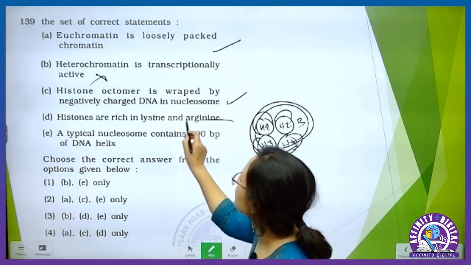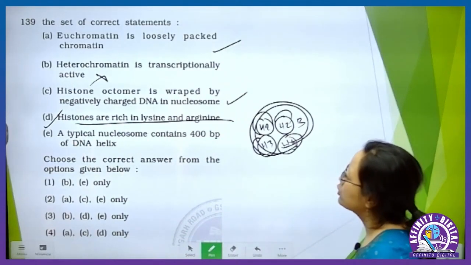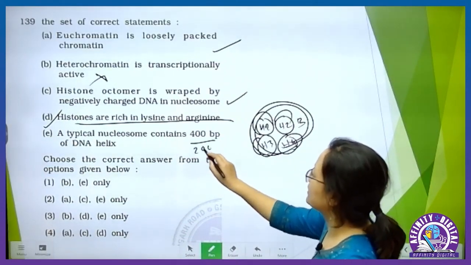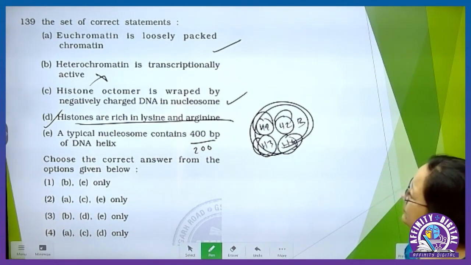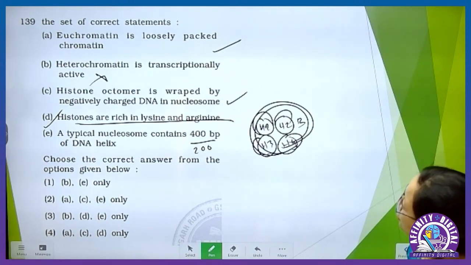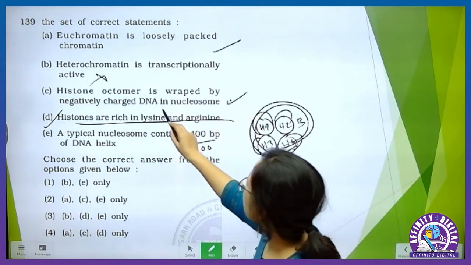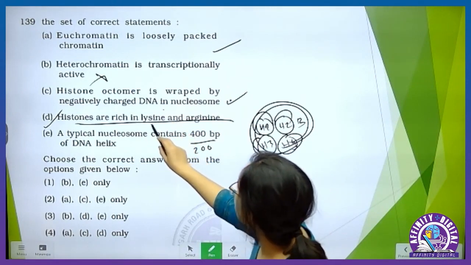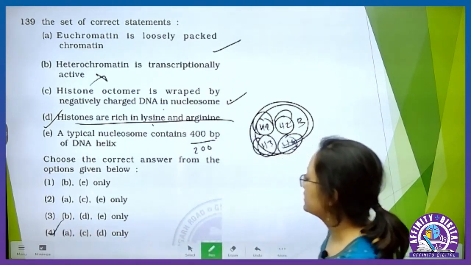Histones are rich in lysine and arginine. This is also correct. A typical nucleosome should be 200 base pairs. So the answer is A, C and D.